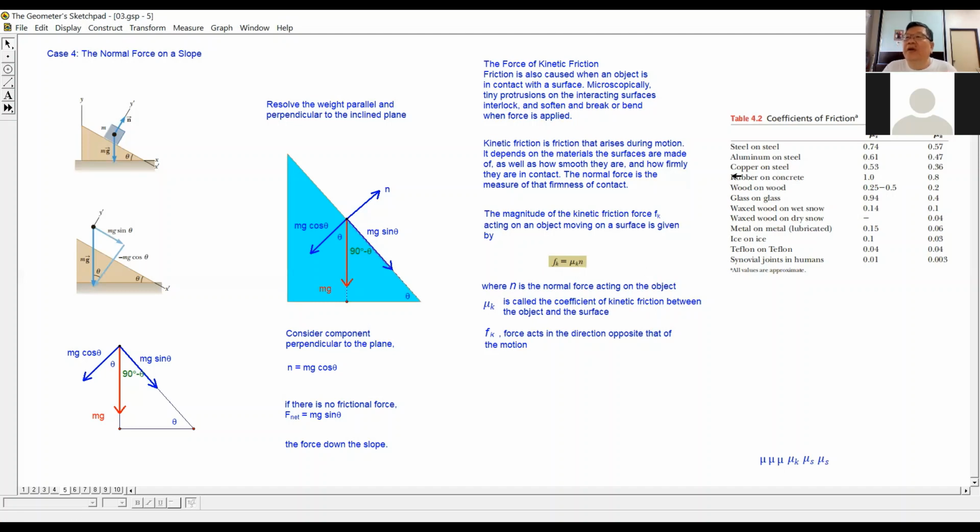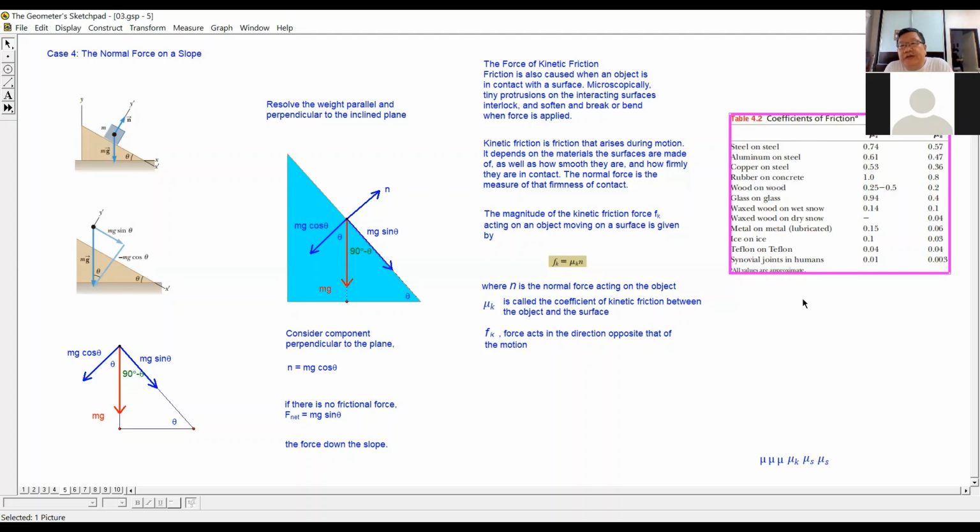friction. Now, in this table, they give us the value of mu, the coefficient of friction. Now, I read the first one, steel on steel. That means the two surfaces are steel. The object is made of steel and the surface that is supporting it is also made of steel.